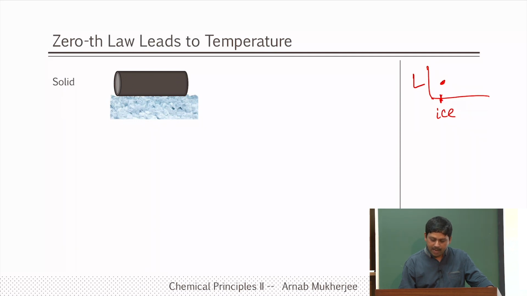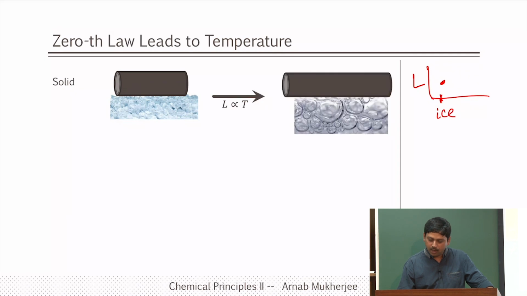Then let us put the metal object in boiling water and we calculate the value for boiling water. There will be a difference, and that difference will indicate that the temperature is increasing.